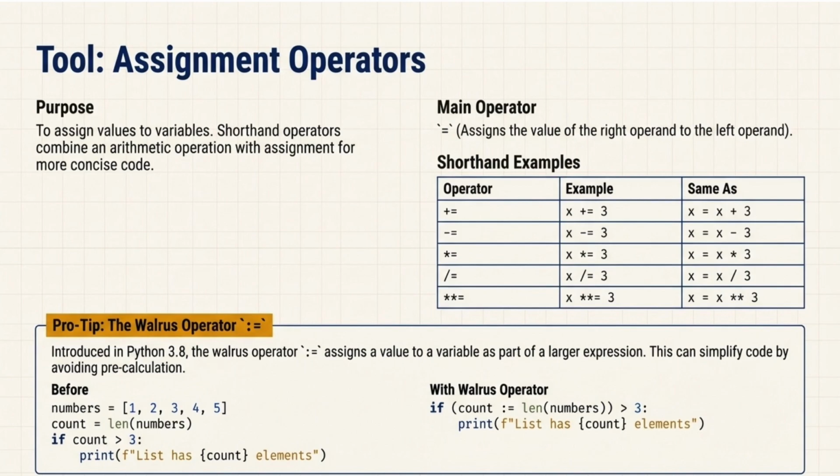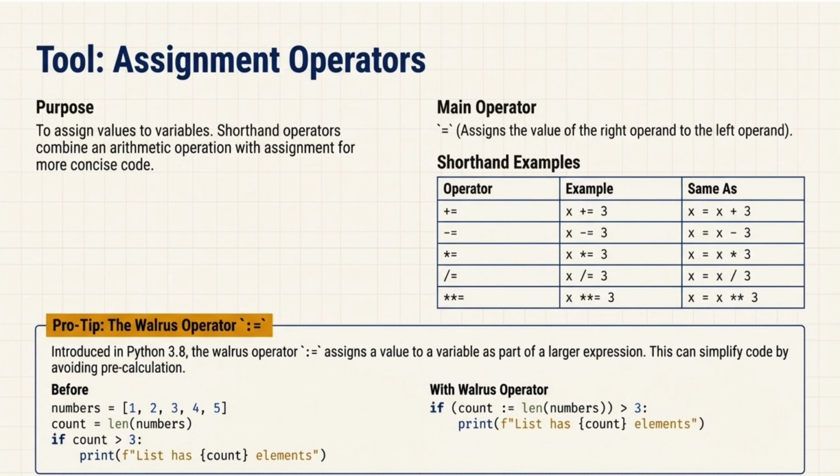For example, x += 3 means x = x + 3. x -= 3 means x = x - 3. x *= 3 becomes x = x * 3, and so on. These shortcuts help us write concise and readable code.